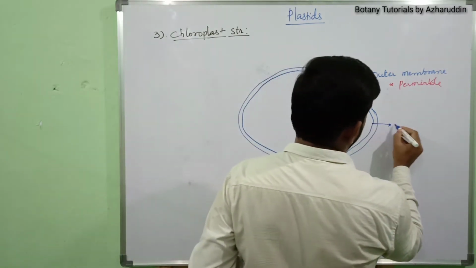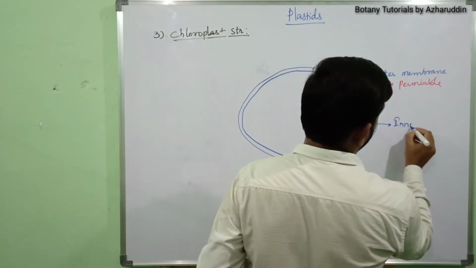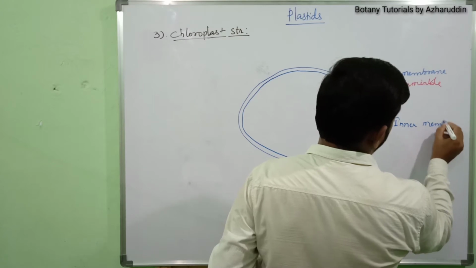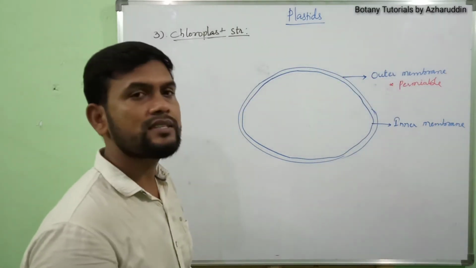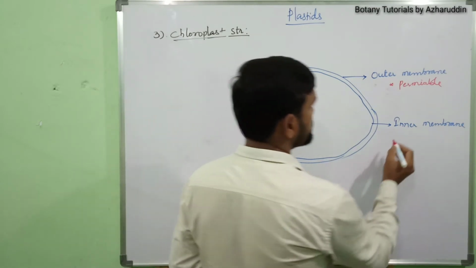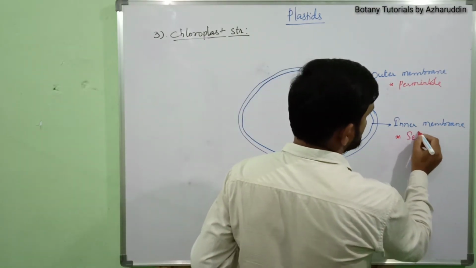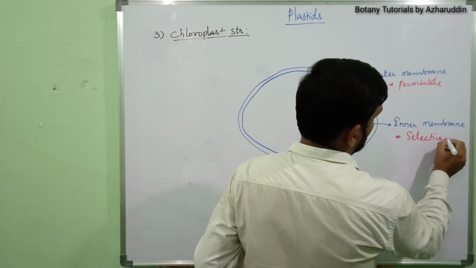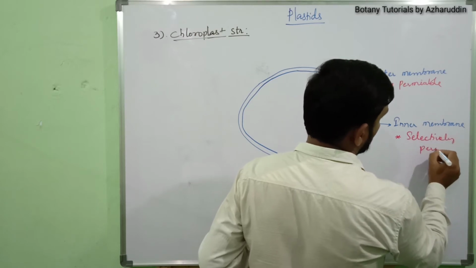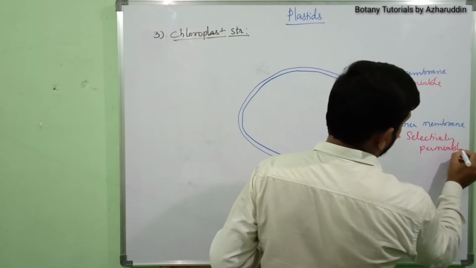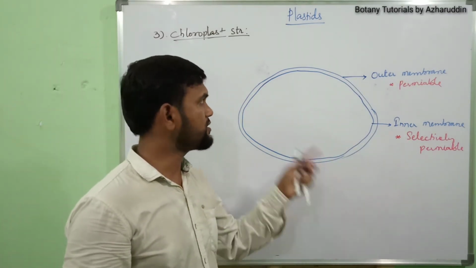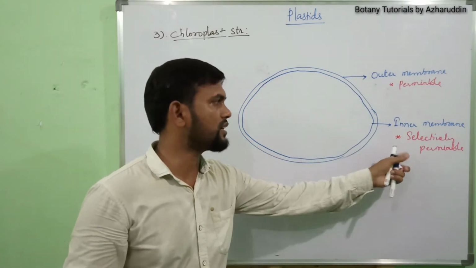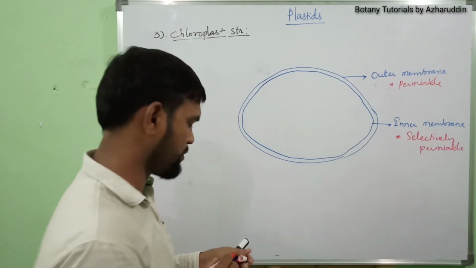This inner membrane is selectively permeable. In some books, it is written as semi-permeable. Both are the same, selectively permeable or semi-permeable.